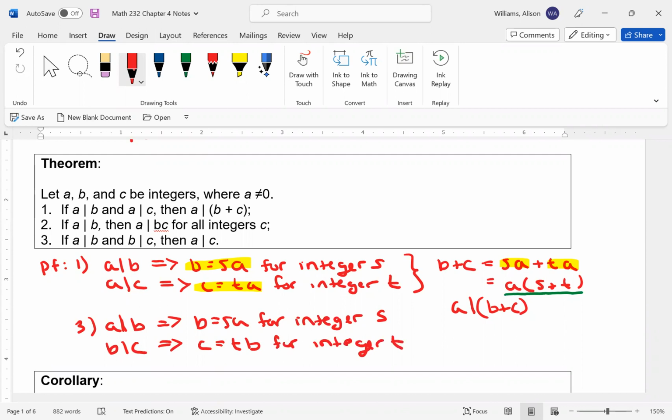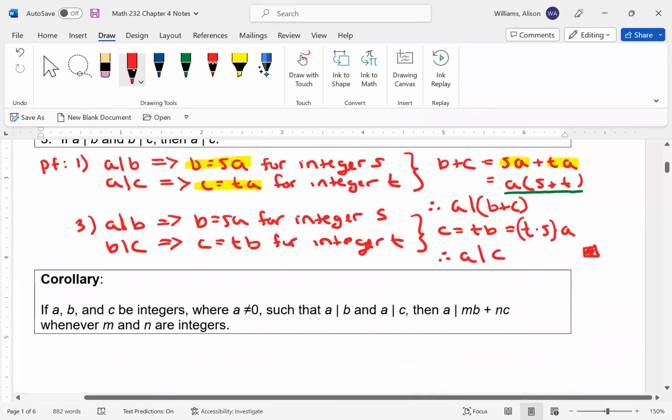Now, c equals t times b, but b equals s times a, so this equals t times s times a. But that means, again, c is a multiple of a, so a divides c. Then I conclude my proof with a little box to indicate that I'm done.